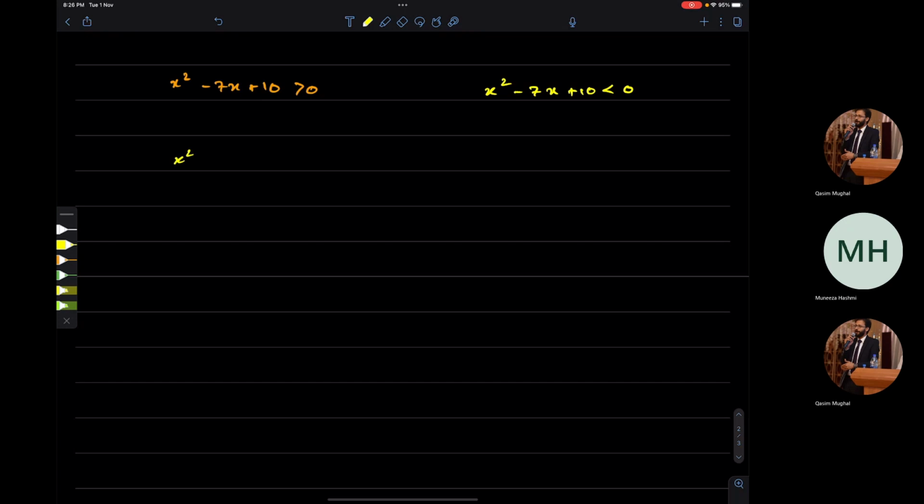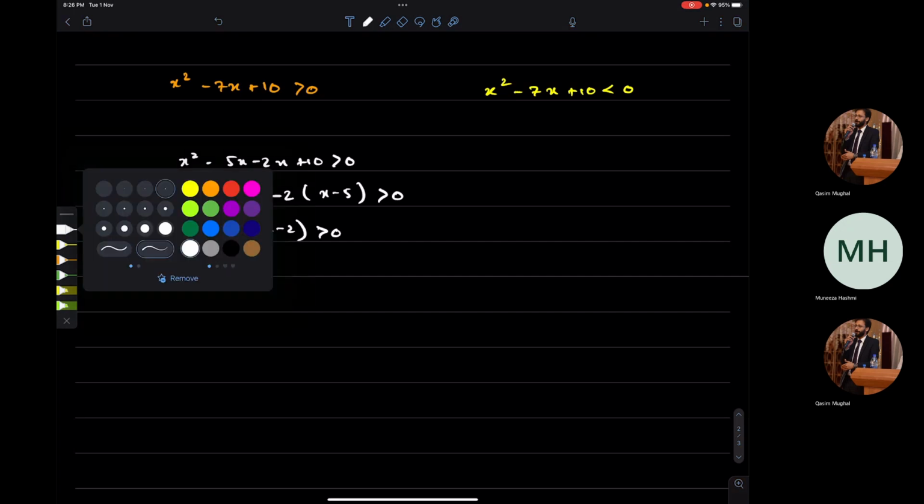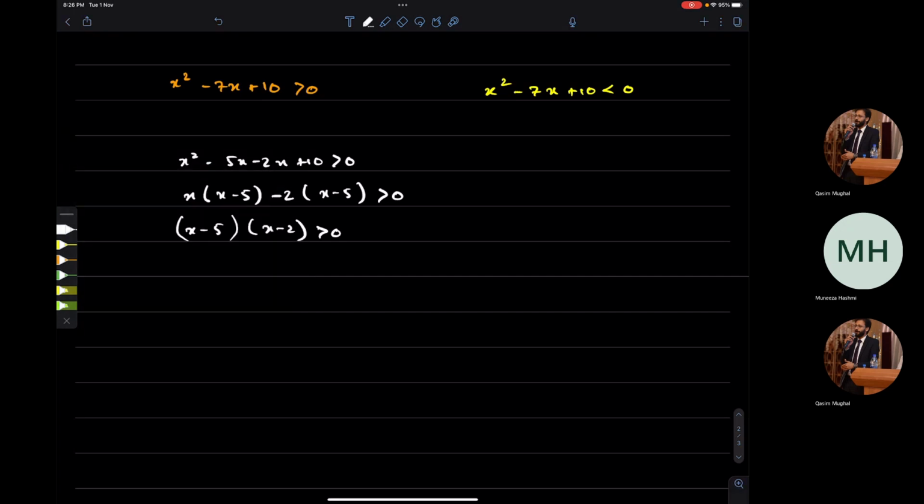So x squared minus 5x minus 2x plus 10 greater than 0. x is common: x times (x minus 5) minus 2 times (x minus 5), so (x minus 5)(x minus 2) greater than 0. I'll come to the solution in a moment, but before that I'll do the same thing for the one which is less than 0.